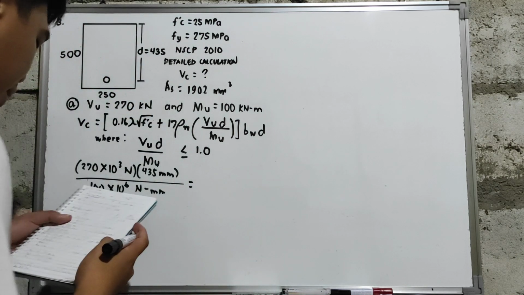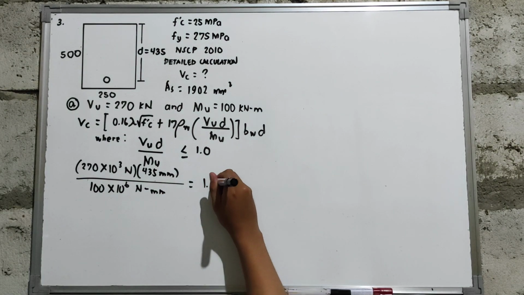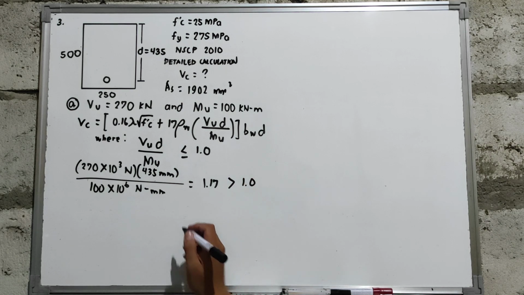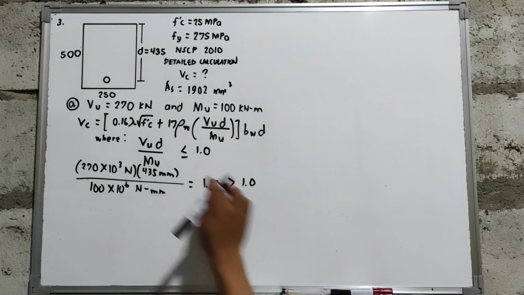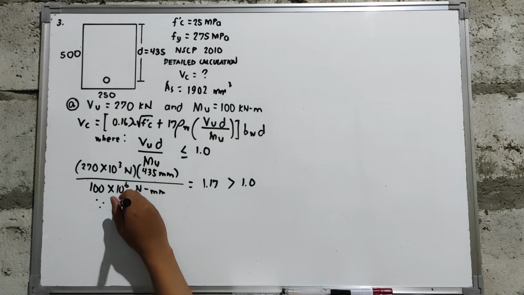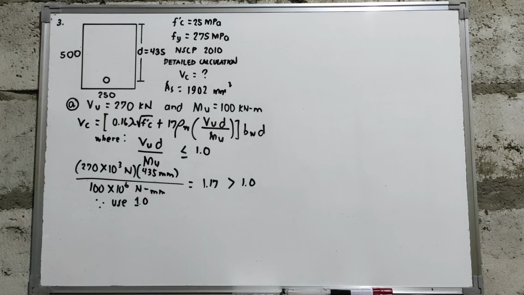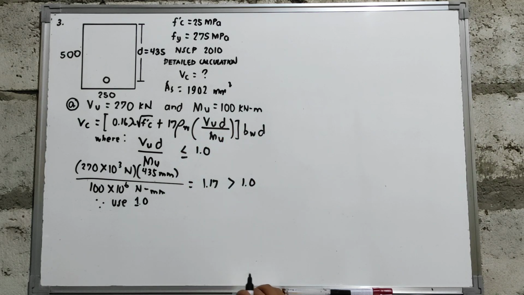So the value of our ratio is equivalent to 1.17. That is greater than 1.0. But according to the code, our ratio is limited to 1.0. Meaning to say, use 1.0 instead of 1.17. So now we have no problem with the ratio of Vud over Mu.